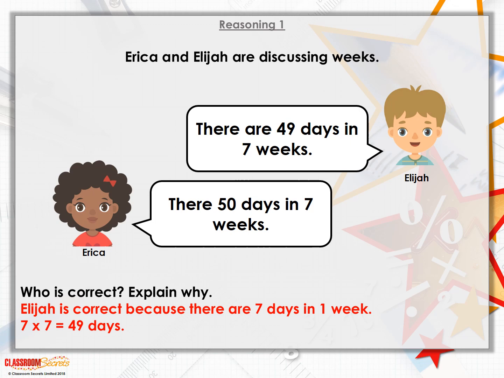We know there are 7 days in 1 week. So if 7 days equals 1 week, to find out what 7 weeks would be, we'd do 7 times 7, which does equal 49. So the statement he said is correct. Whereas Erica, she says there's 50 days in 7 weeks. We know that's wrong because 7 days are in 1 week, so 7 times 7 is 49. So she's just calculated a calculation wrong.